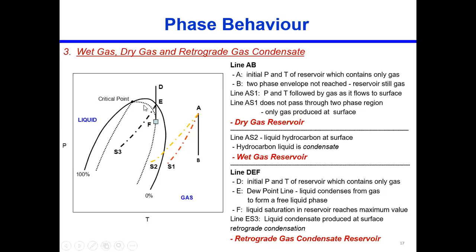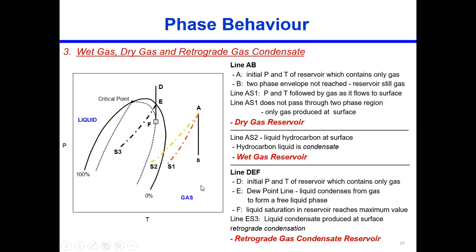Being purely methane, it is away from this vapor line. That's why you see lines A and B far away from the phase envelope, because we are dealing with pure gas. Whether it's point A or point B, it's still a gas. So we call it a dry gas reservoir. It has nothing else, just methane, ethane, or maybe some nitrogen, oxygen, but no liquid at all.